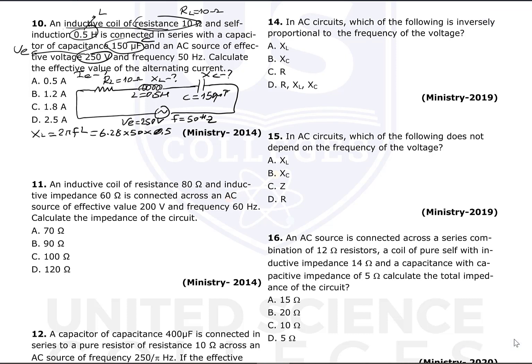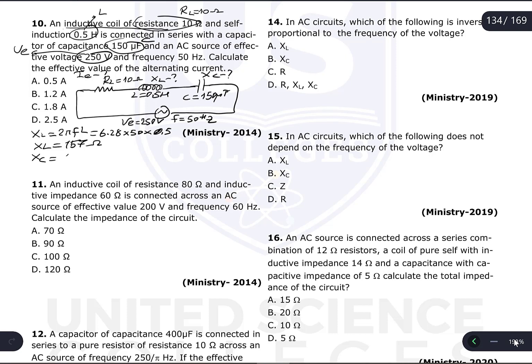Let's apply the calculator. 6.28 times 50 times 0.5. Answer is 157. So XL is going to be 157 ohm.